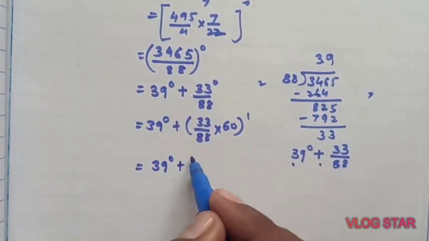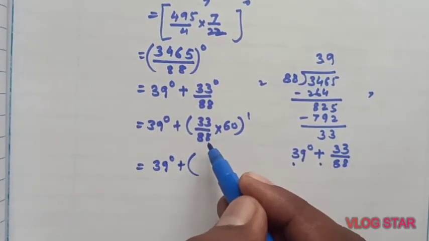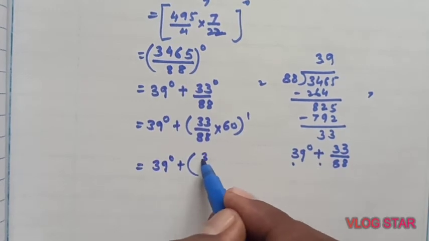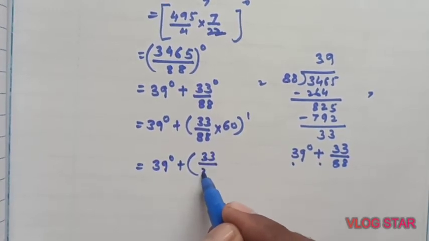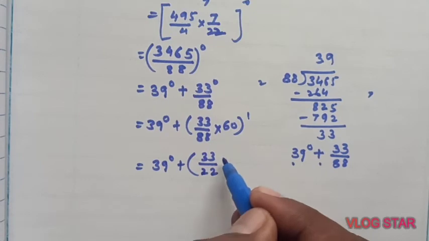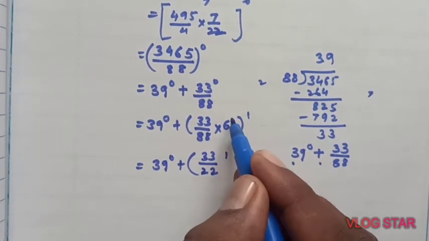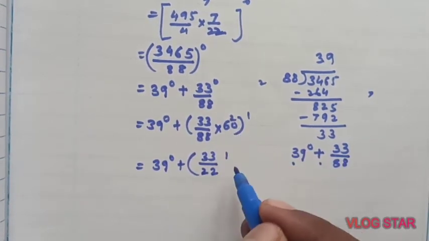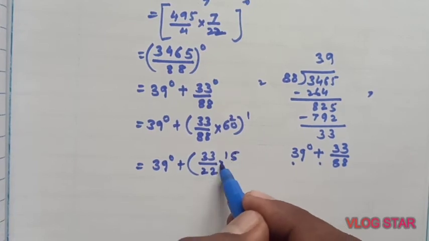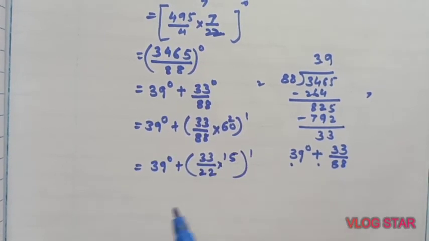Reduction by 4 directly. So here 33 by 4. 4 2s are, 4 1s are, 2 left. 4 5s are. So this much is in minute.